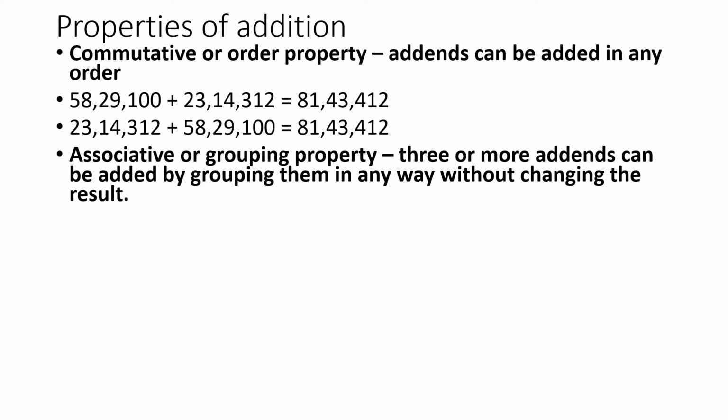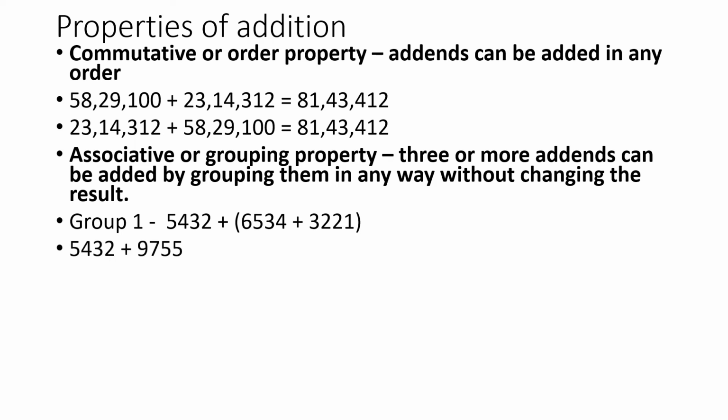The second property is the associative or grouping property. It means three or more addends can be added by grouping them in any way without changing the result. For example, take 5,432 plus, in brackets, 6,534 plus 3,221. If we add 6,534 and 3,221 first, then we add 5,432, we get 5,432 plus 9,755, and the answer is 15,187.